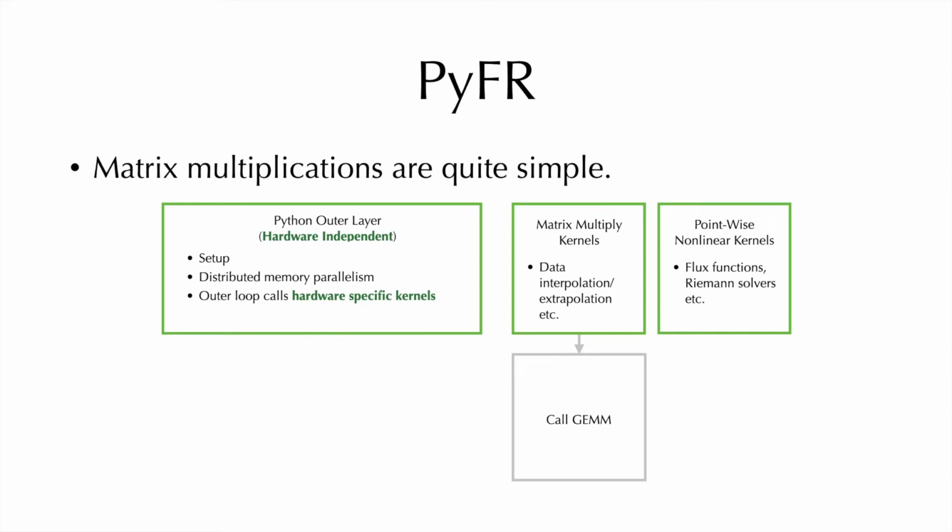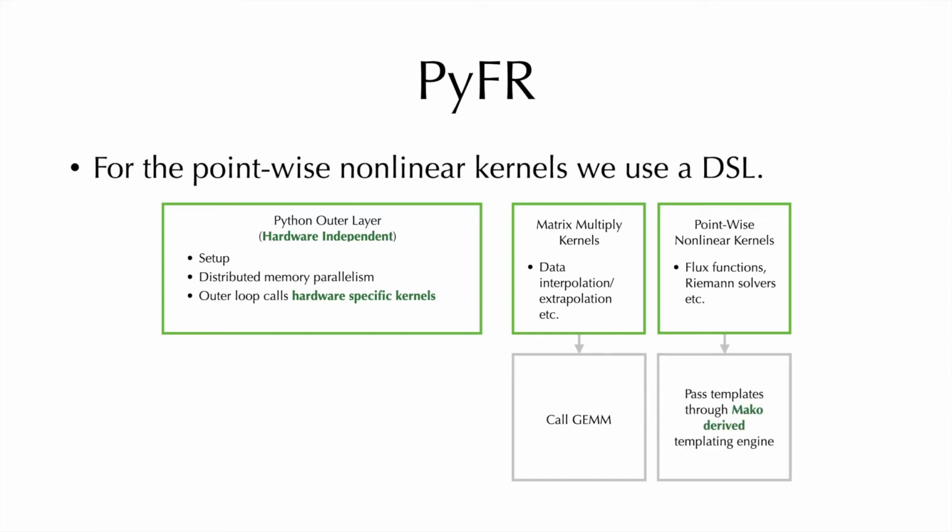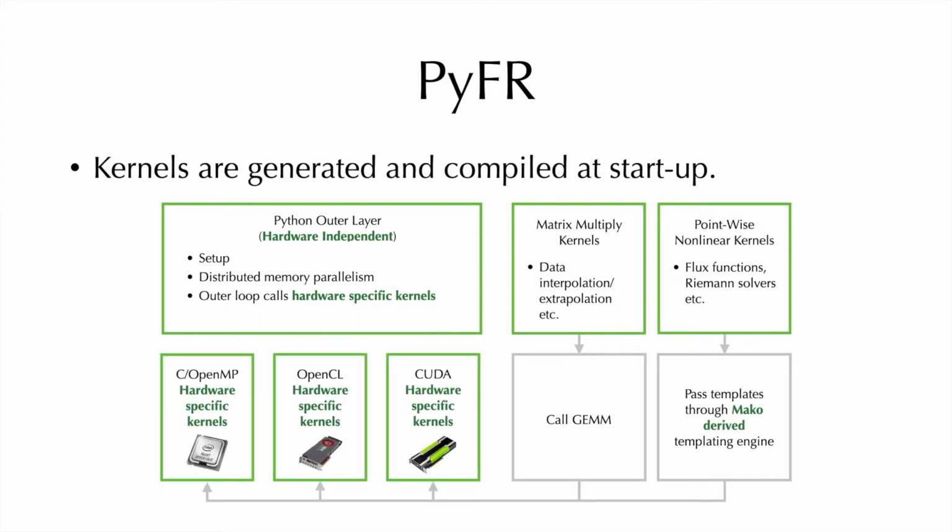For the pointwise nonlinear kernels, PyFR makes use of a bespoke domain-specific language, which is based around the Mako templating engine, and this translates our kernels from a common representation into either OpenMP annotated C code, OpenCL code, or CUDA code.